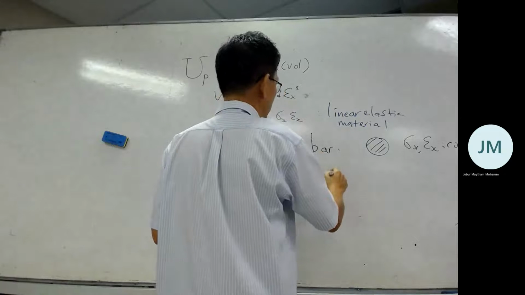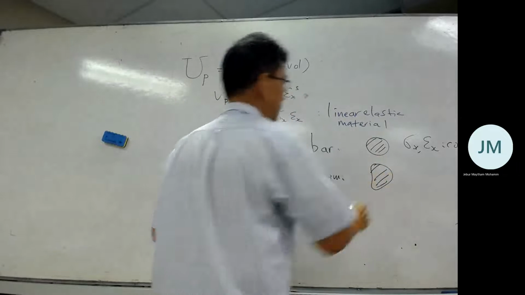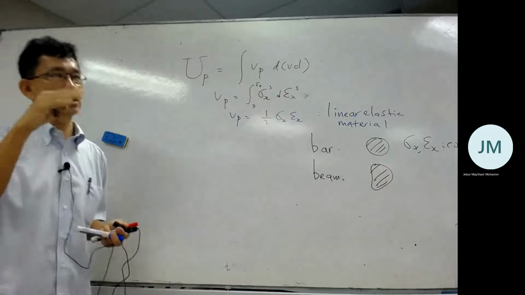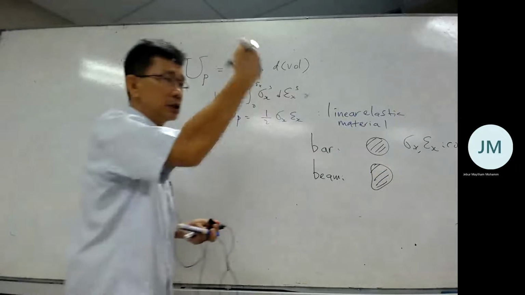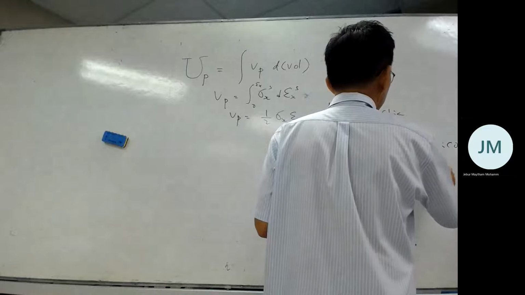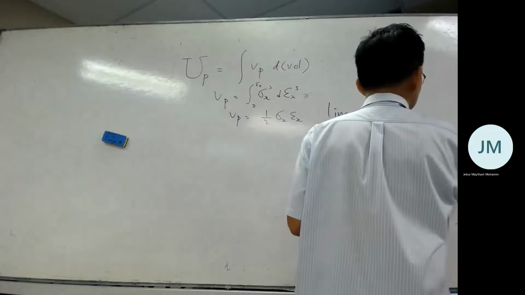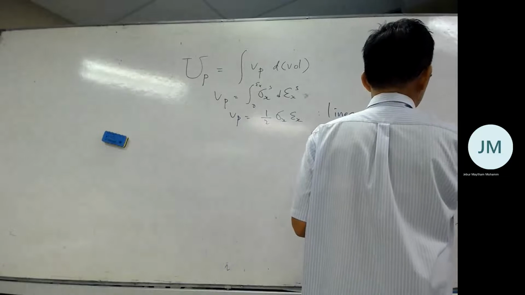But for the beam problem, if you have a cross section over the beam, the stress changes and the strain changes over the cross section. So the stress and also the strain are not constant.